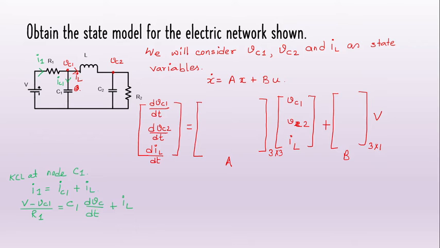Now I have to arrange this in the required form. I will take C1 dVC1 by dt on the left hand side.